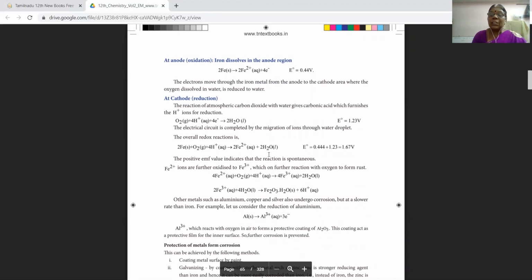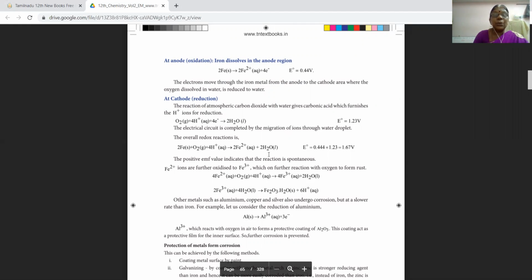That is, at the cathode, as usual, the reduction takes place. The reaction of atmospheric carbon dioxide and water gives carbonic acid, which furnishes the H plus ions for reduction. Oxygen plus 4H plus plus 4 electrons gives 2H2O, that is water in the liquid state.